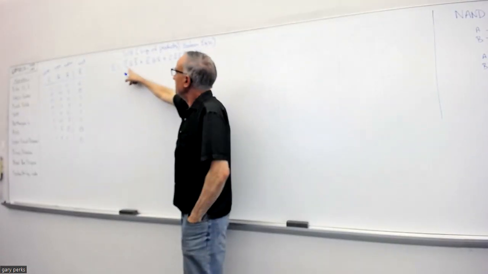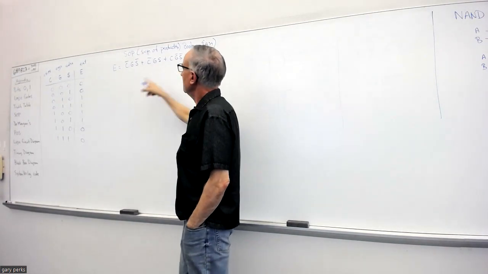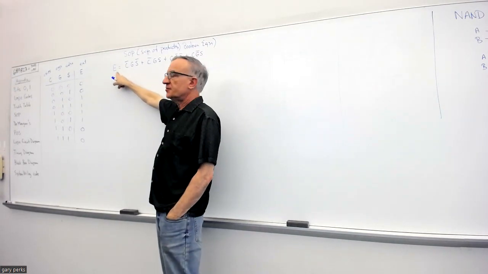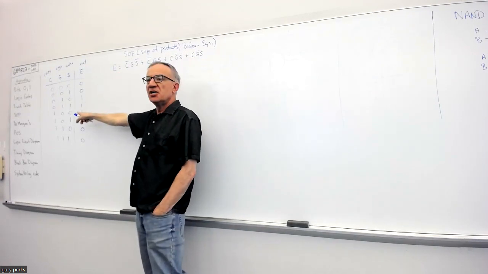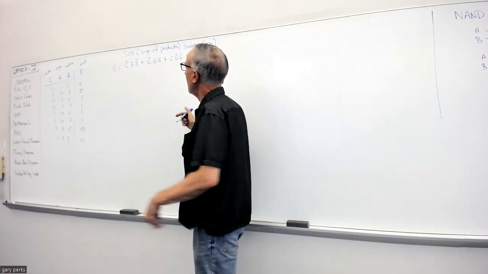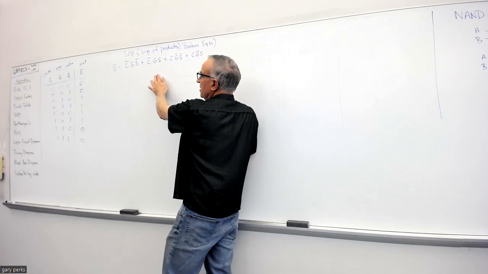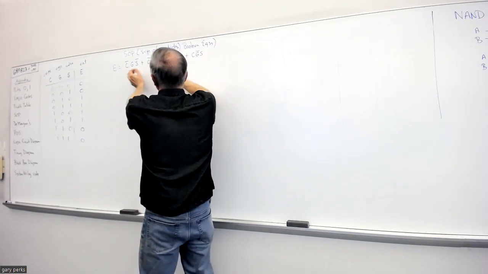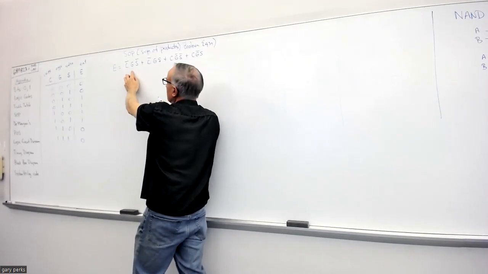So this is called the SOP, the sum of products, for output E. It's coming right from the truth table. We're just writing each term for where we have a one. The reason it's called sum of products is that if you look at this as a base 10 equation, here are our products: each term, because these are all ANDed together, which is a logical multiplication.